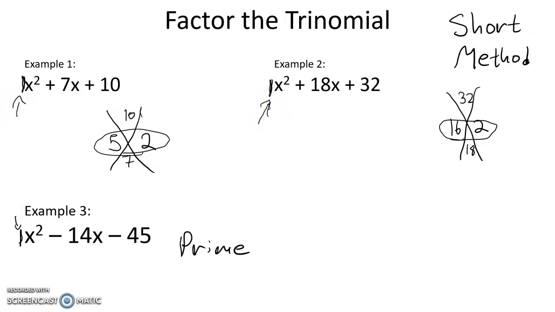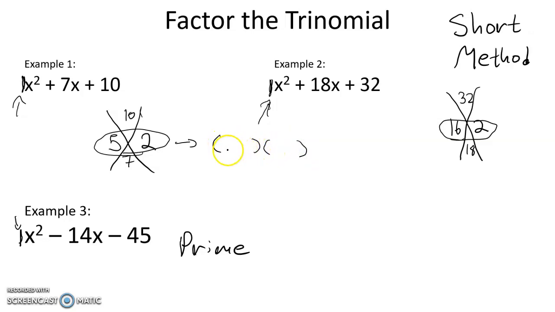Okay? So now for this, what you got? You got the diamond set up. You solved it. You got 5 and 2 for this one here. So again, up until the diamond, everything is the same. And then once you find these numbers here, you can automatically set up your 2 parentheses. Okay.